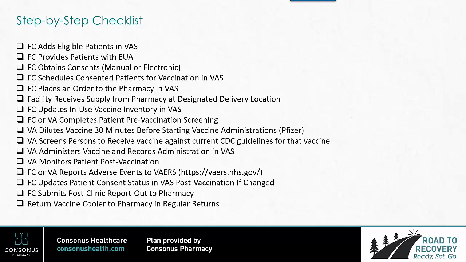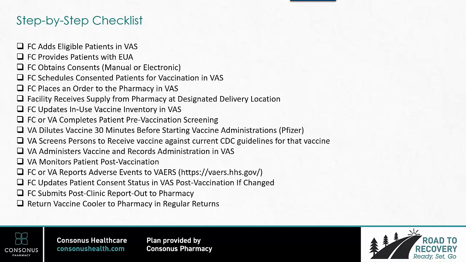The VA will then administer the vaccine and record that administration in VAS. The VA, following the administration, will monitor the patient for any sort of allergy reactions or adverse events. If there are any adverse events, the FC or the VA will report this in VAERS.